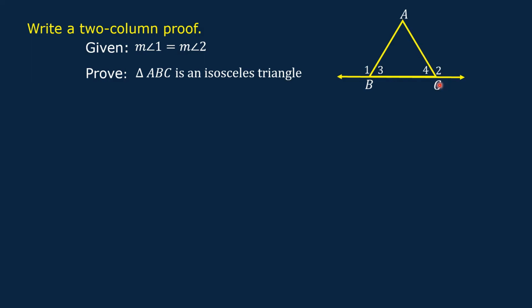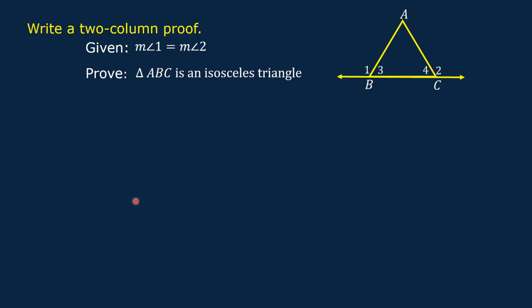We can then say that triangle ABC is an isosceles triangle because an isosceles triangle is a triangle with two congruent sides and two congruent angles.